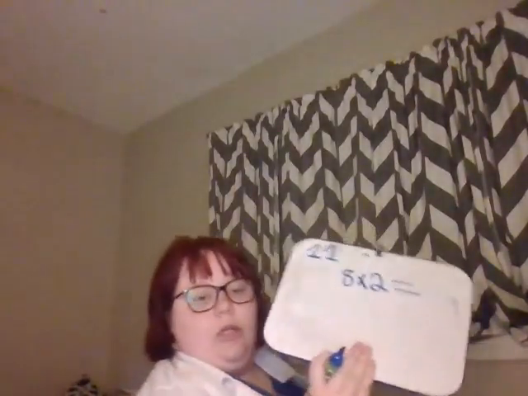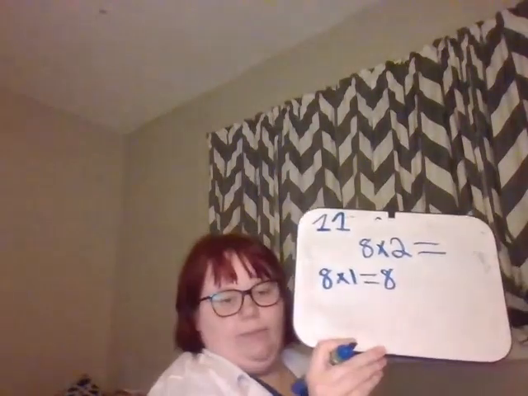So number 11 is 8 times 2. Okay. So let's use our prior knowledge. So we know that 8 times 1 is 8. Now, let's model this. So, we're going to do 8 circles.